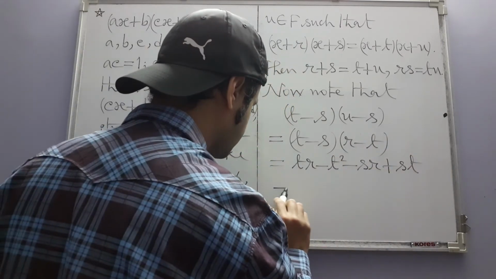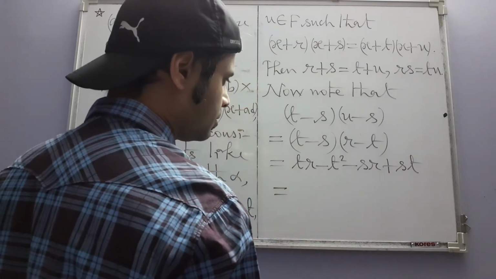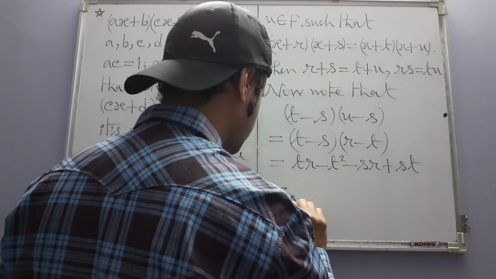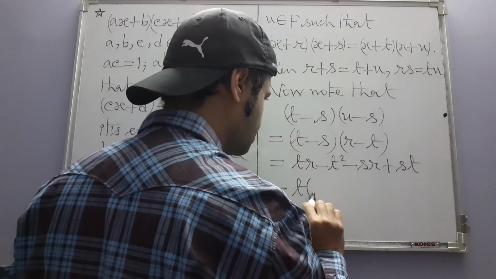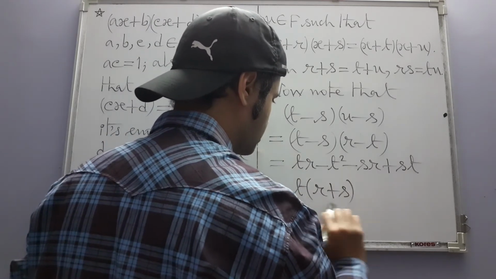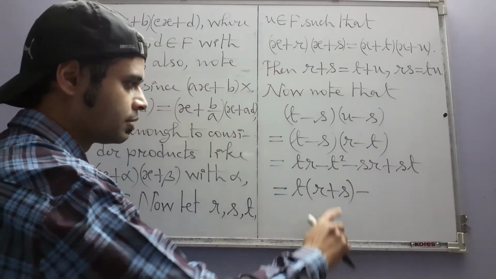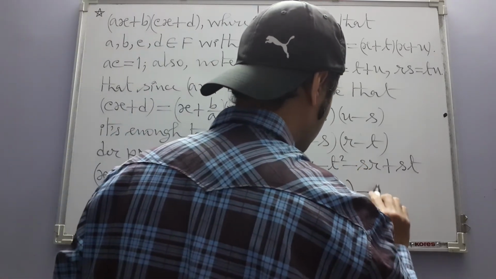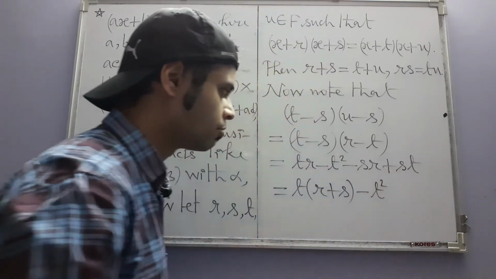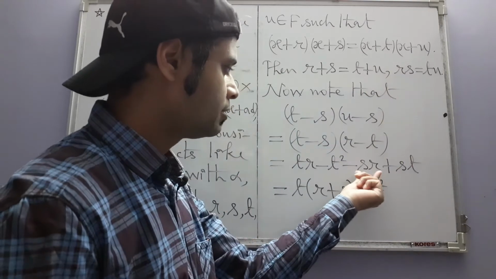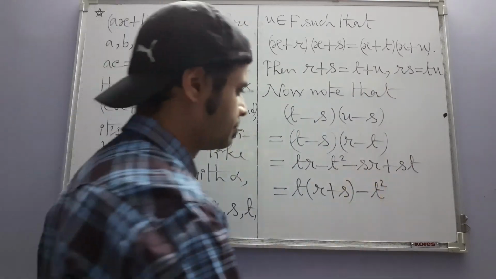Okay. Now if we take T common out from the first and last term, then we are getting T times R plus S minus, from here also, we need to first of all change this. Note one more thing, that in place of SR we can write TU here.